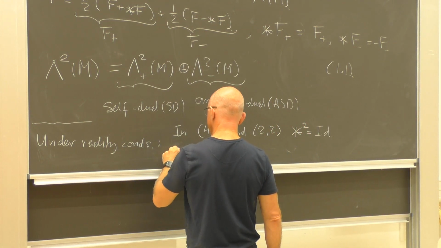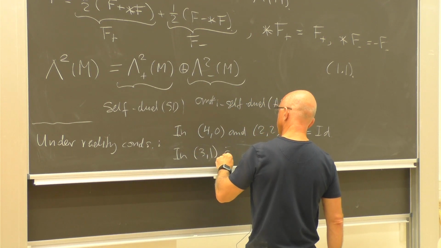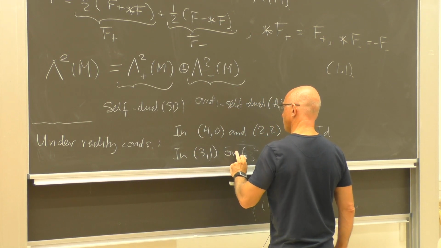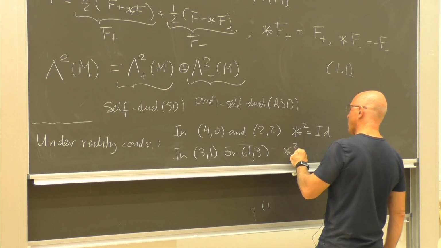However, in Minkowski signature, star squared is minus identity.